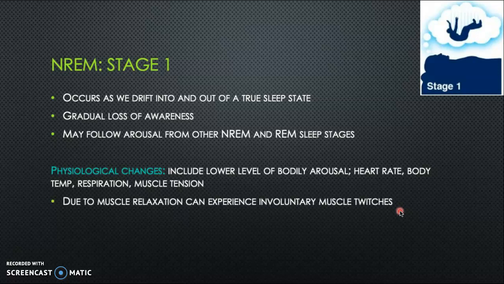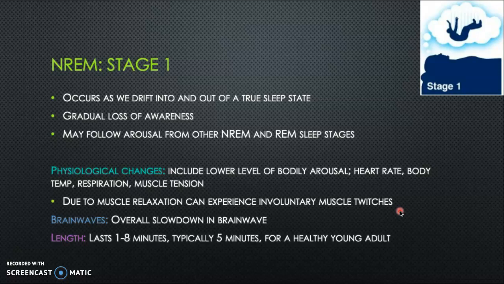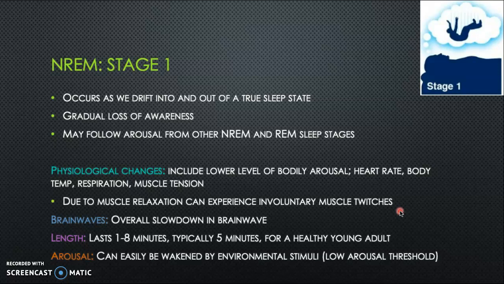You do get this muscle relaxation that causes involuntary muscle twitches, like that hypnagogic jerk I just mentioned. The brainwave starts slowing down, typically lasts about 5 minutes in a young, healthy adult, and you can easily be wakened. And we call that a low arousal threshold because there's not much that it takes to wake you up. And often you'll awake thinking you hadn't been asleep at all.